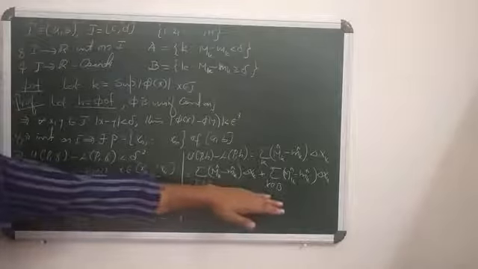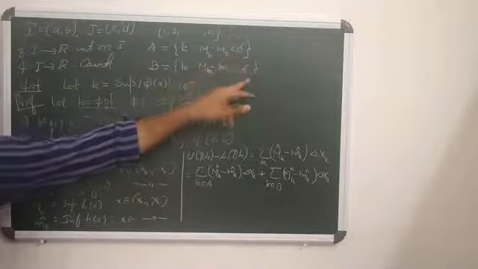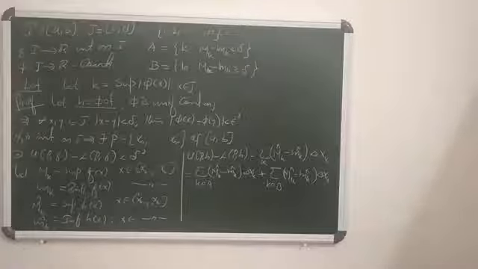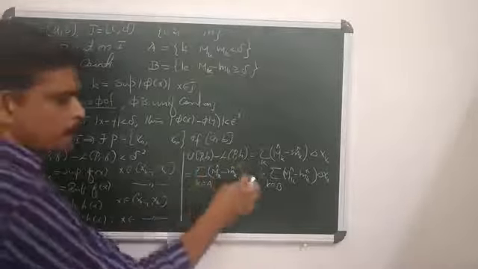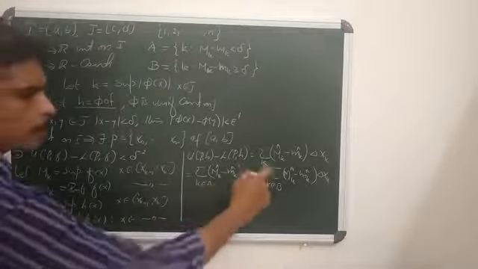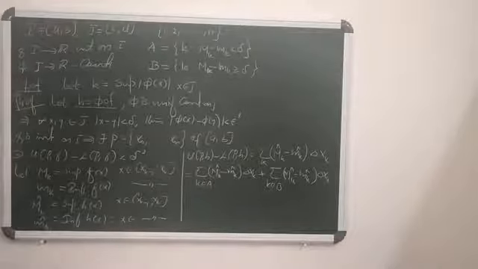Why? Because the set 1, 2, 3, up to n depends upon this delta, which divides it into two subsets. Agree? So U(P,h) minus L(P,h) is nothing but the sum over k in A of this one plus the sum over k in B of that. Enough? Now there are two cases.